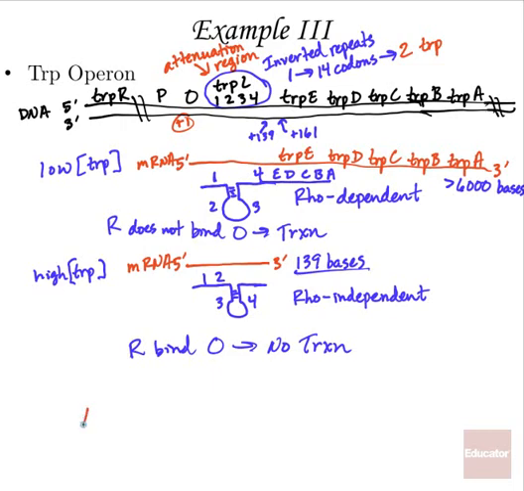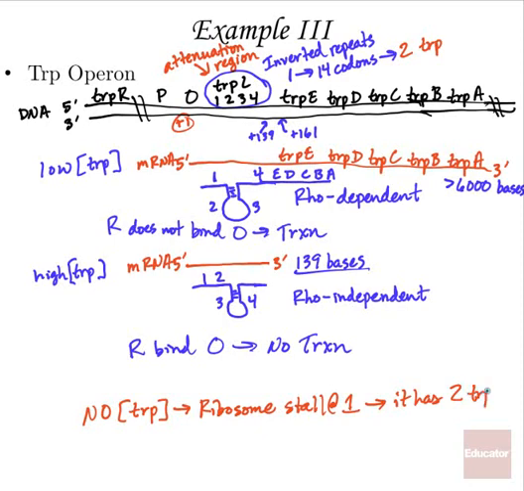If you have absolutely 0 tryptophan, the ribosome will stall at that attenuation sequence 1, okay, because it has 2 trp codons. Okay, and if you can't put in trp right there, the ribosome can't continue on synthesizing new protein, okay?